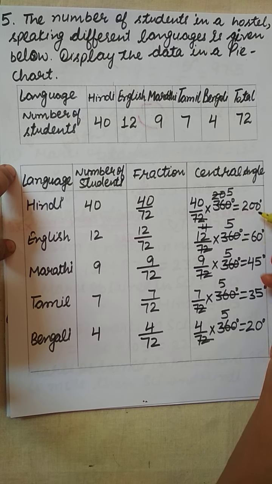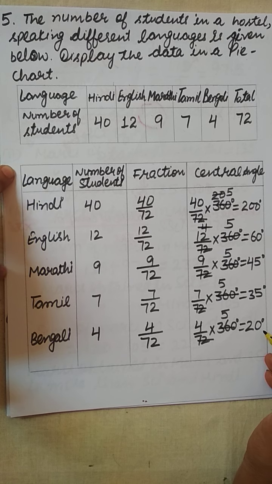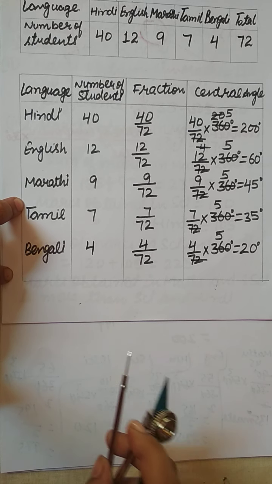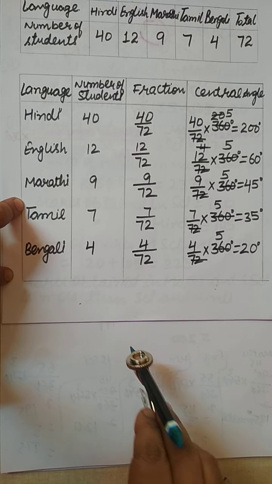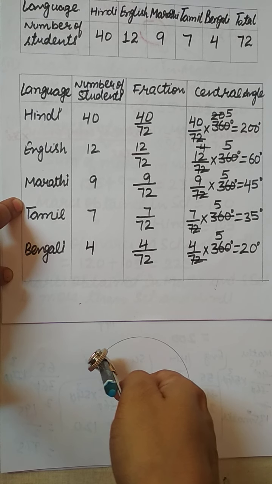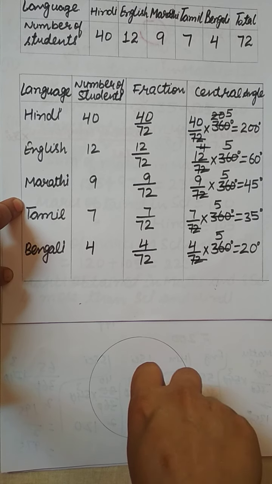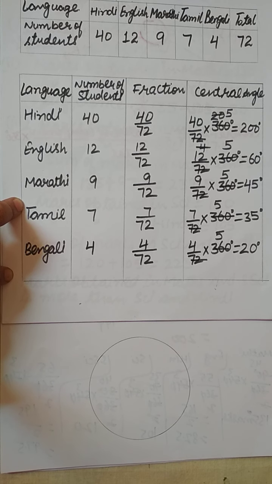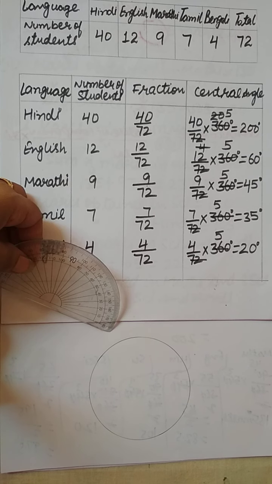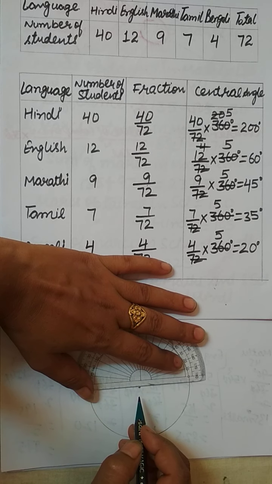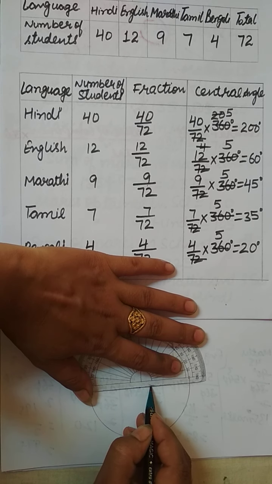Now as we have calculated the central angle for all the languages, now we will draw the pie chart. For pie chart, firstly we will draw a circle of any radius. Here I will draw a circle and then we will draw the angles. Now firstly mark the center of circle and draw a radius of the circle.